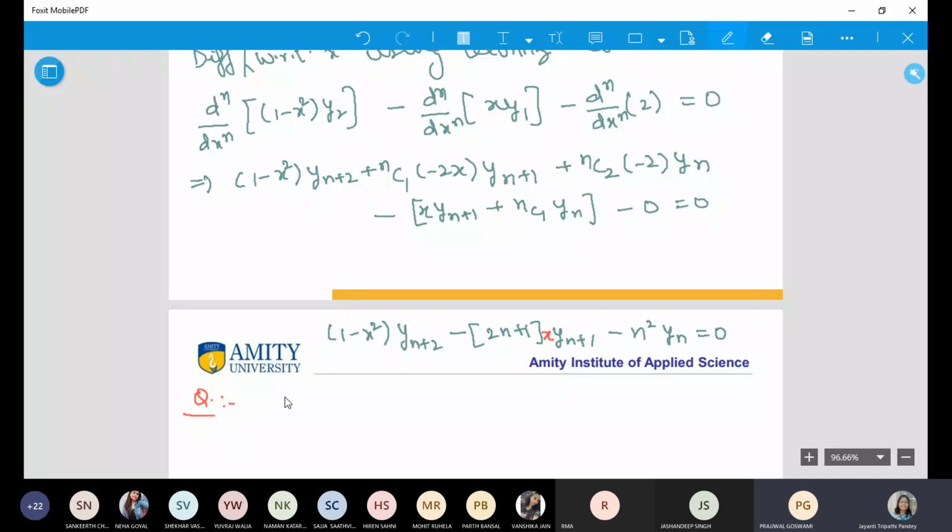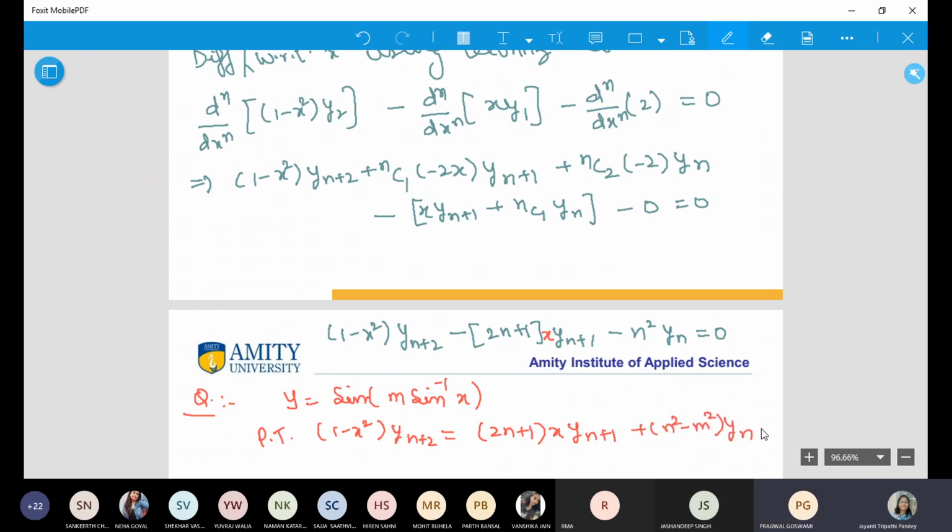Right, next question. y is equal to sine m sine inverse x. And then you have to prove 1 minus x square yn plus 2 is equal to 2n plus 1 x yn plus 1 plus n square minus m square yn.